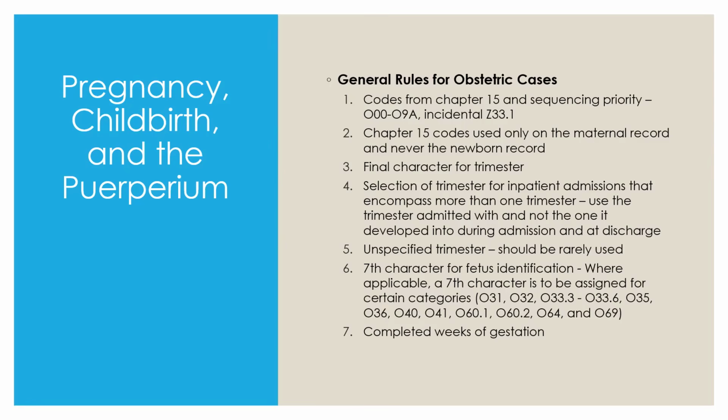When you assign 7th character 0, this is for single gestations, when the documentation in the medical record is insufficient to determine the fetus affected and it is not possible to obtain clarification, again, query your provider, educate them to document at the highest specificity. And lastly, when it is not possible to clinically determine which fetus is affected.